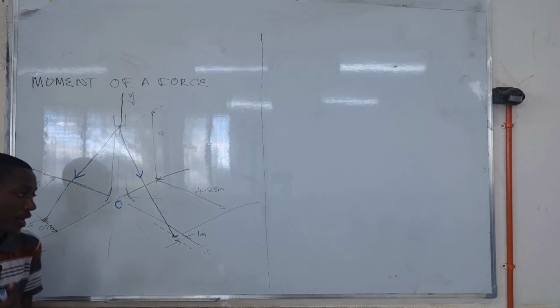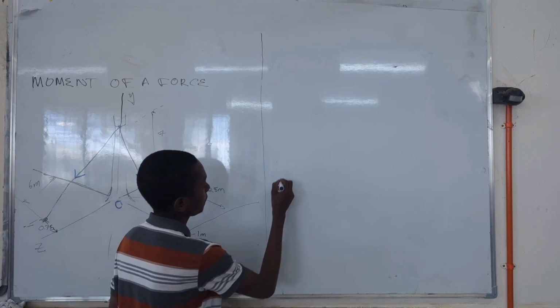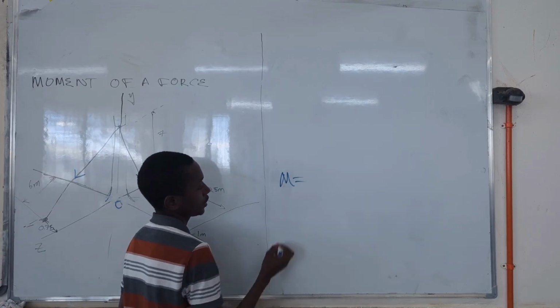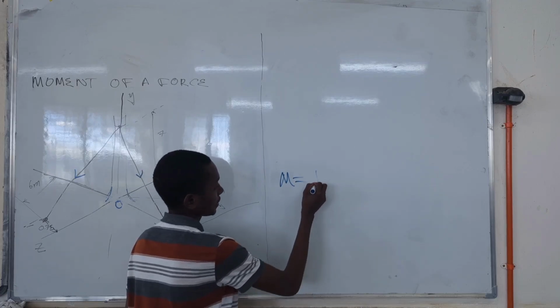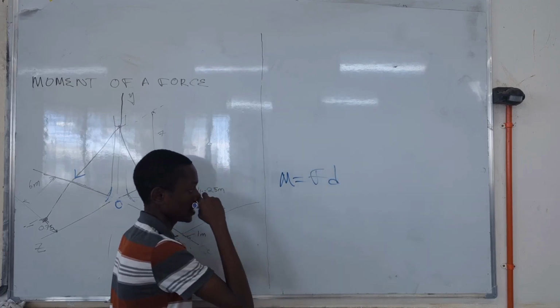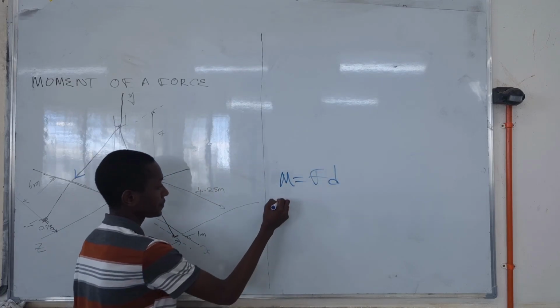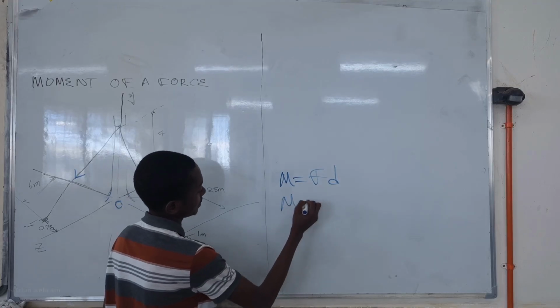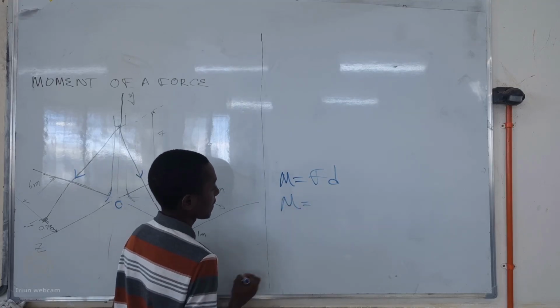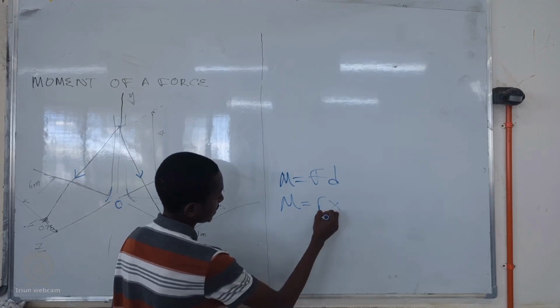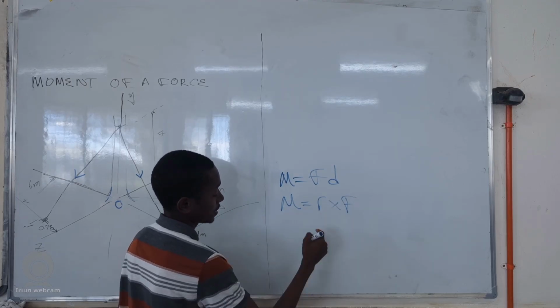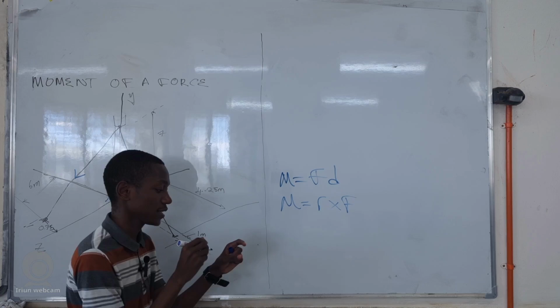The same way in two dimensions the moment is equal to the force times the distance, when we talk about 3D, the moment is equal to the distance r times the force in Cartesian form.